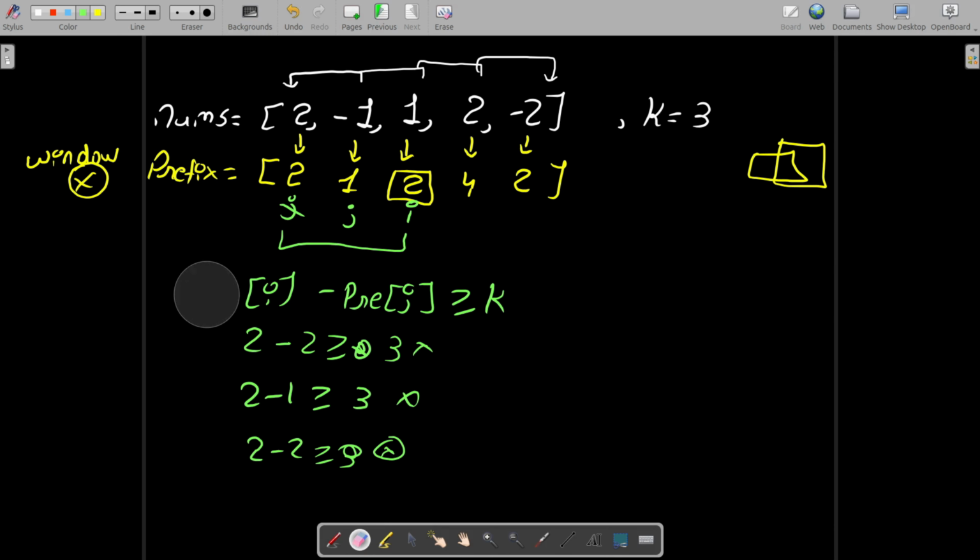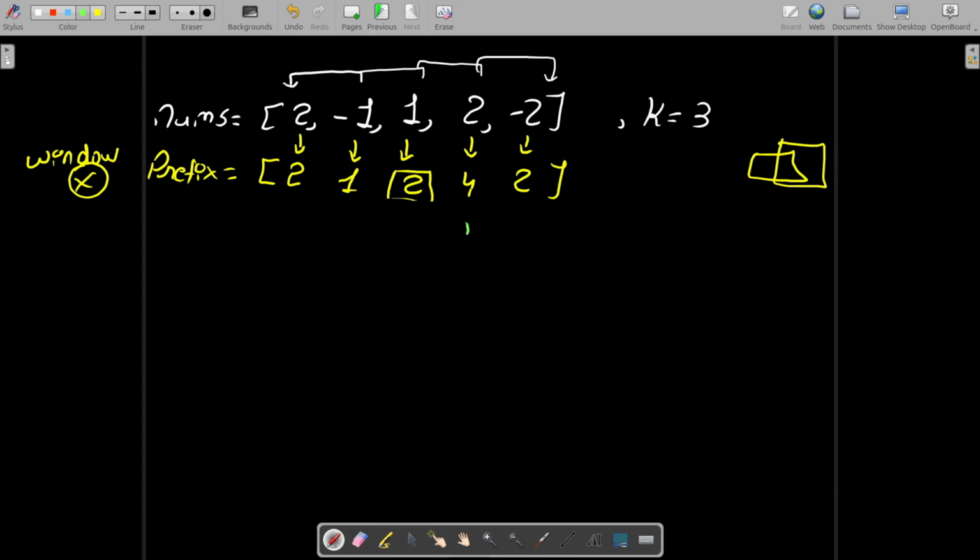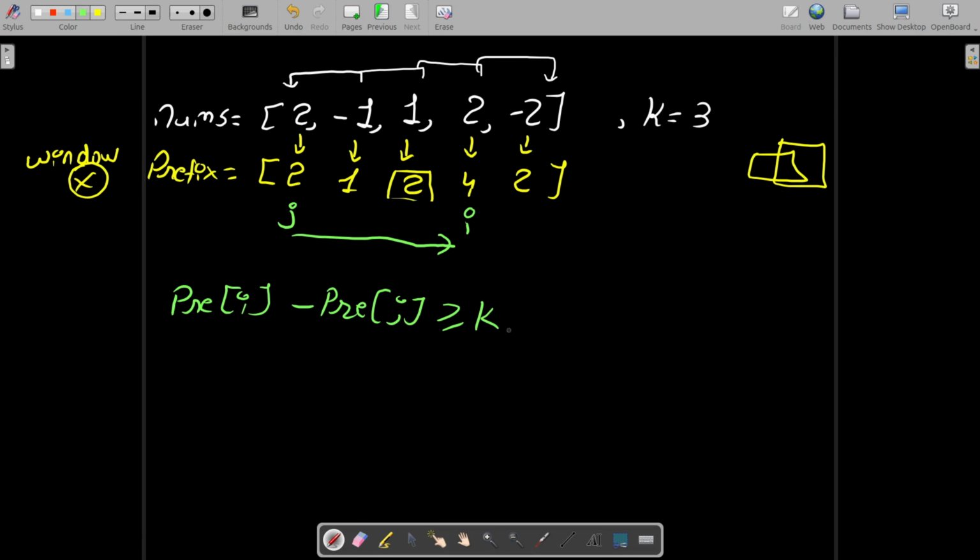So again, if we check at another position, can I say that my i is here and j is here, and we could traverse like this. So prefix of i minus prefix of j, is it greater than or equal to k or not?